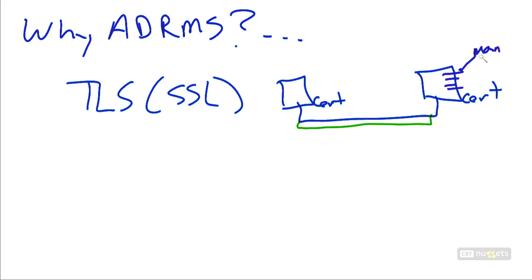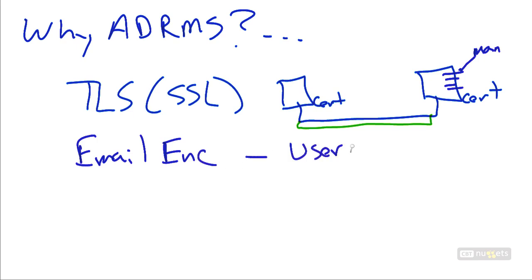Some of the other things that we could do is email encryption. Usually this is an additional product, an additional setup. And what it does is it requires that the user knows to use it and actually applies it. Well, I don't know if I always want to rely on the user in this.